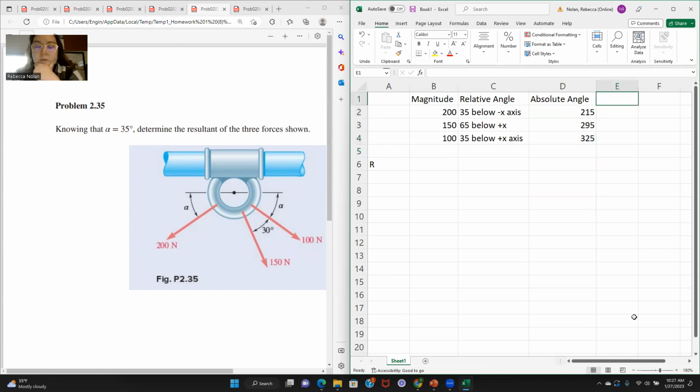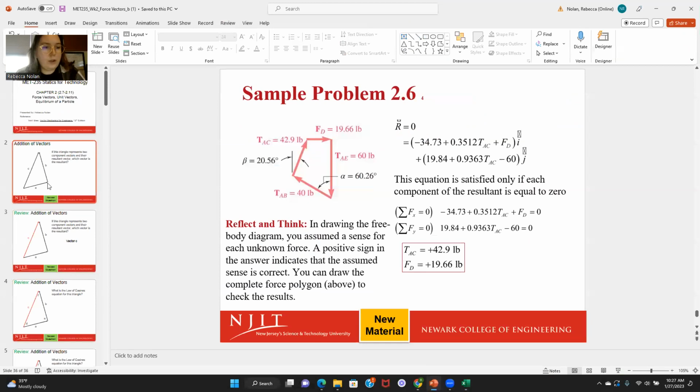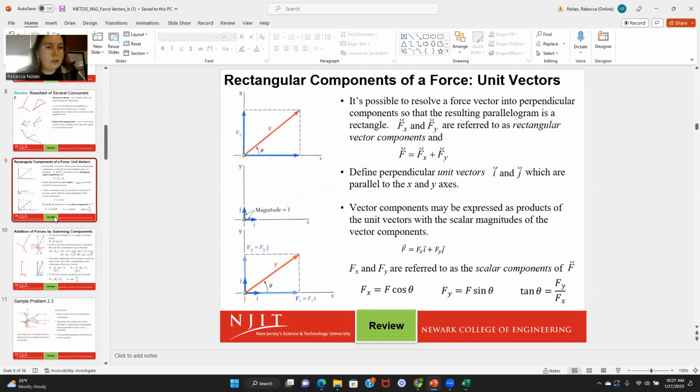Hoping so. Okay. So in wanting to get our fx, x component, and our fy component, if we use the absolute angles, we can just go in with our standard equations down here.